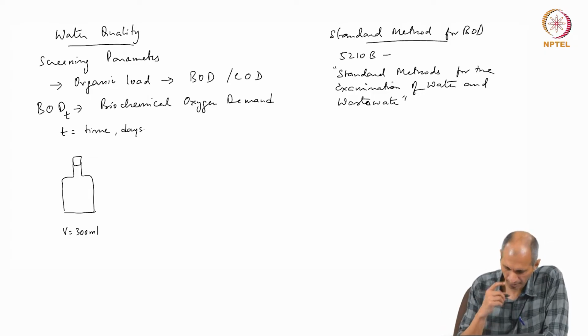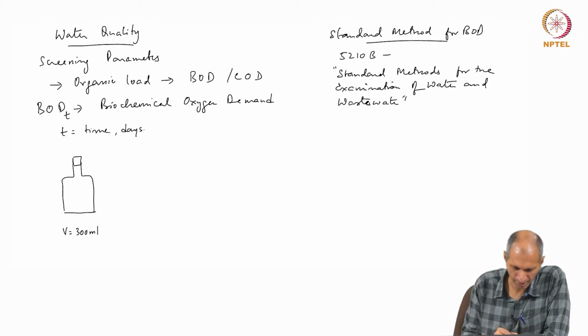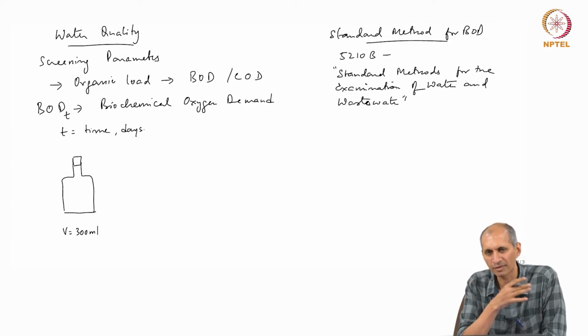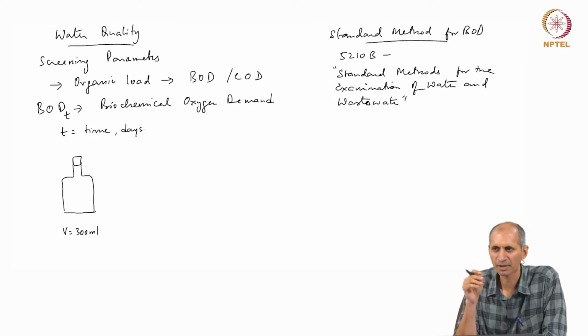In this method, which is a very generic method, there is what is known as a BOD bottle. It is designed such that the typical volume of this bottle is about 300 ml. This is all standard. You can do this whichever way you want, but because it is a standard method, the objective of many standard methods is for people to be able to use it without any prior knowledge.